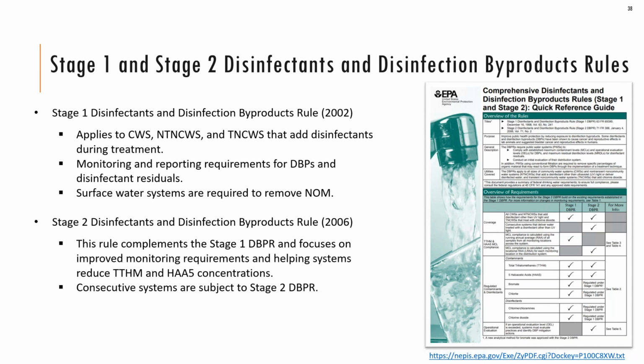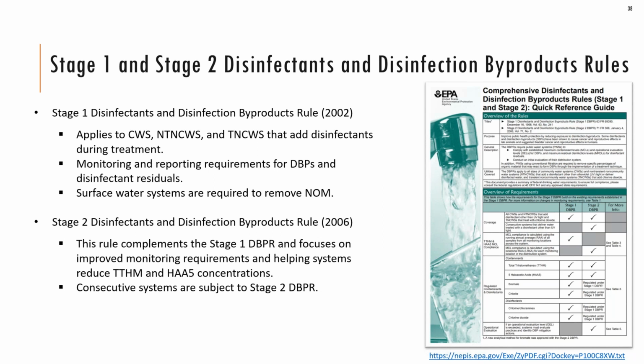The rule established maximum residual disinfectant level goals and maximum residual disinfectant levels for chlorine, chloramines, and chlorine dioxide, which are common disinfectants, and maximum contaminant levels and goals for DBPs, specifically total trihalomethanes, haloacetic acids, chlorite, and bromate.